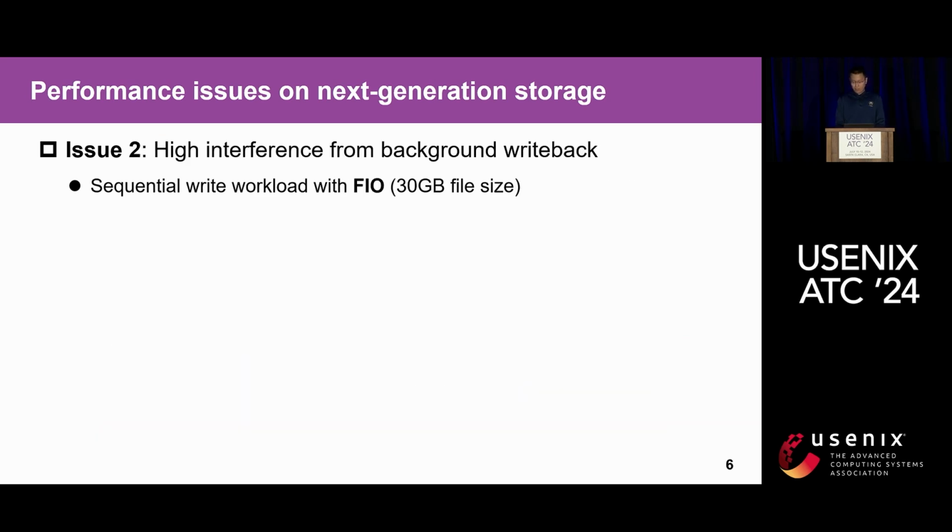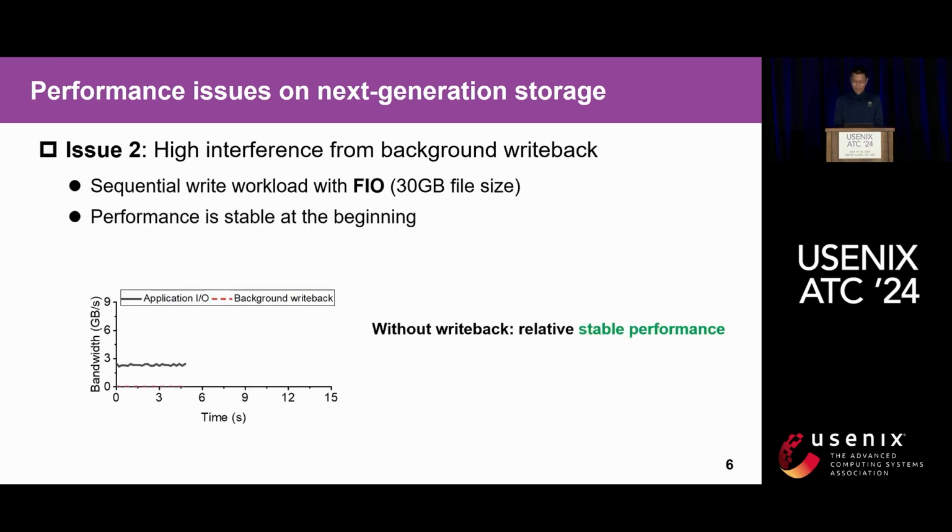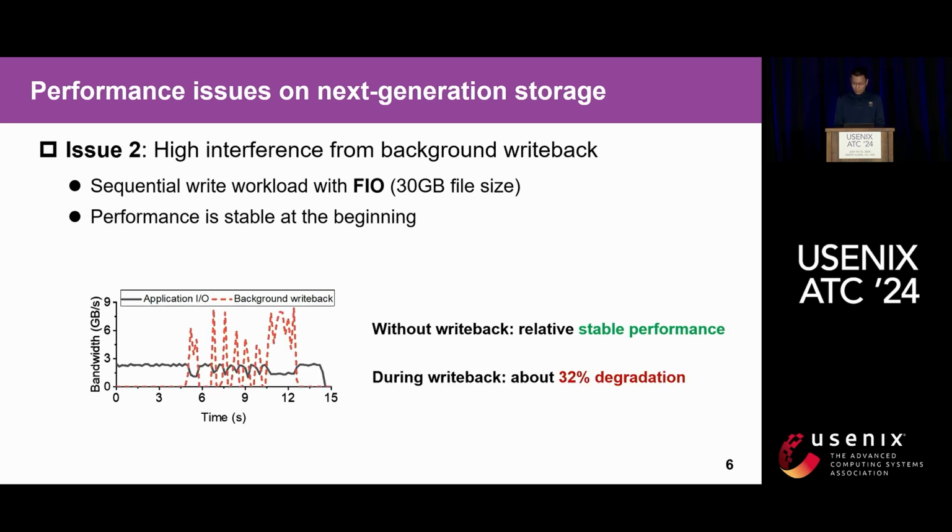The second problem is the high interference from the background writeback to the foreground buffered writes. We demonstrate this by issuing sequential buffered writes to a large file. During the test, the application I/O bandwidth is stable at the beginning. However, as the dirty pages accumulate, the memory dirty ratio reaches a threshold and triggers the kernel background threads for writeback.